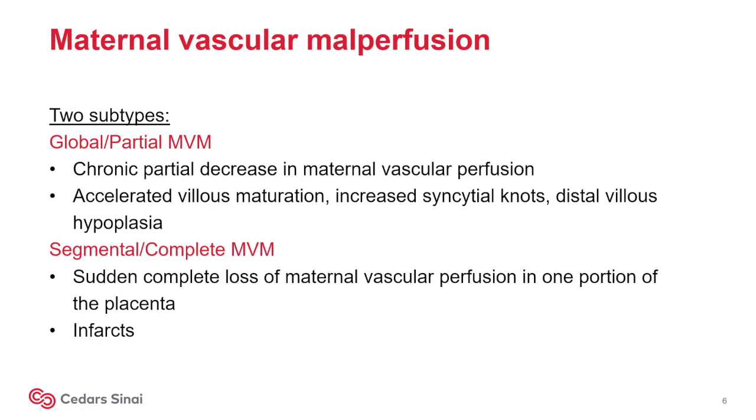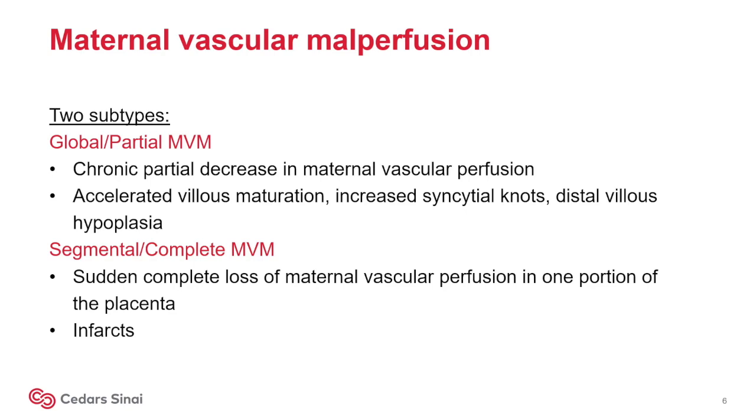When we look at the parenchyma per se, there are two subtypes of ischemic changes that we see in the parenchyma. The so-called global partial maternal vascular malperfusion and segmental complete. I think it's helpful to think of maternal vascular malperfusion in these terms.